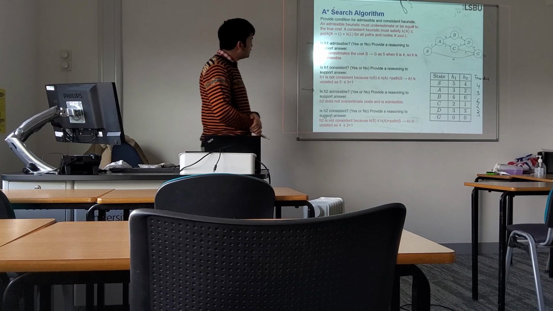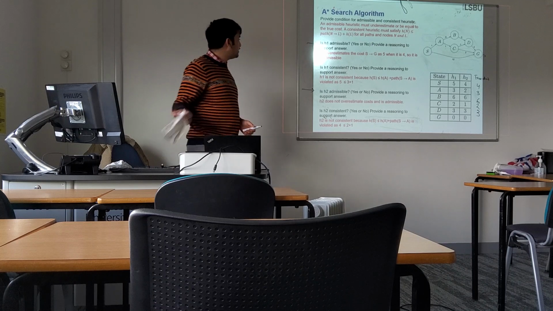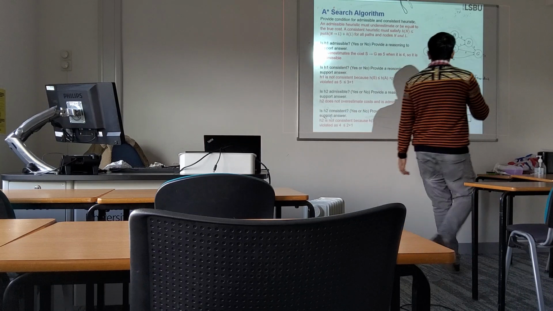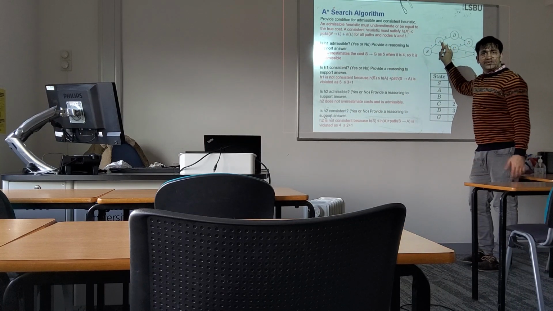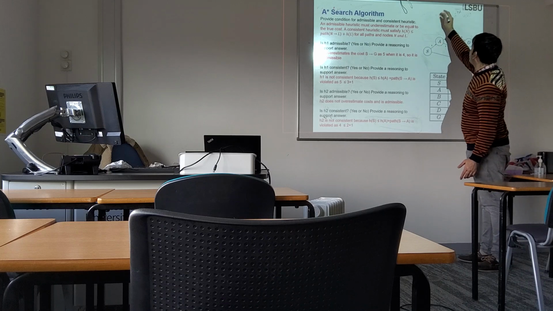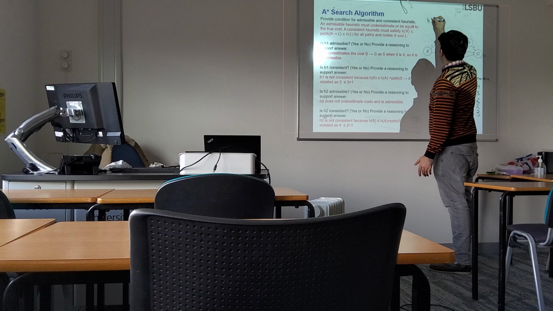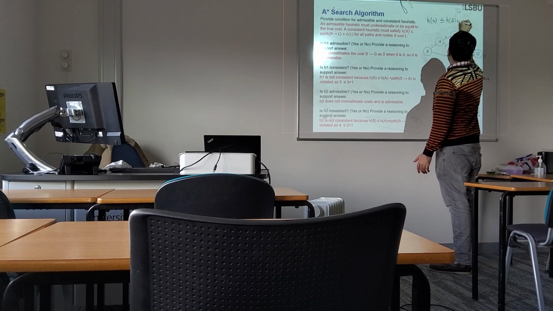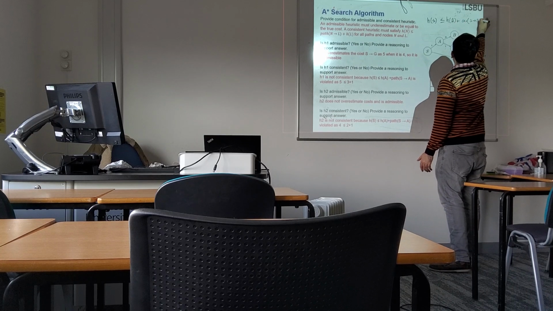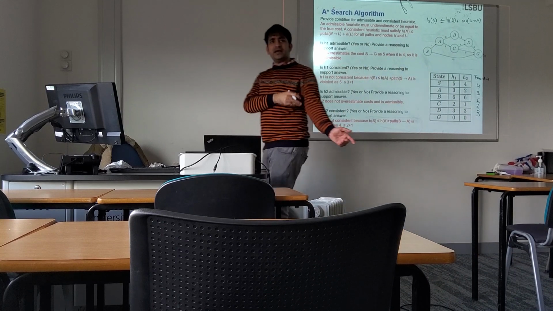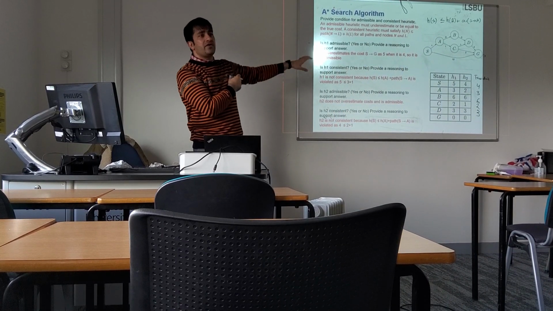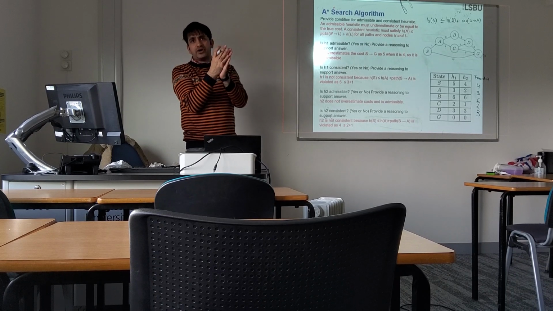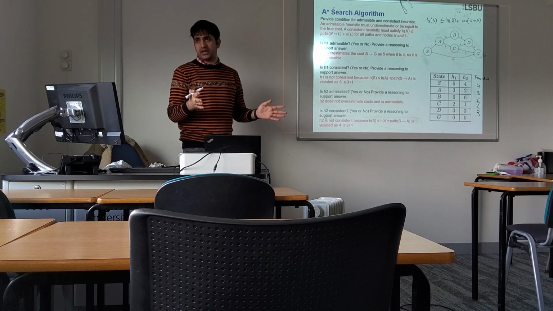The next thing is to see whether it is consistent or not. How are we going to check the consistency at each node? For example, if I want to check whether it is consistent at A or not, H at S should be less than or equal to H at A plus the cost of S to A. This is how we find the consistency: the heuristic of the initial state should be less than or equal to the heuristic of the next state plus the path cost between the two states.